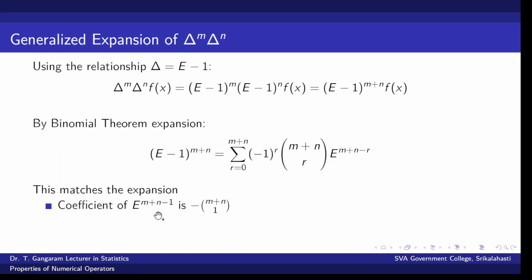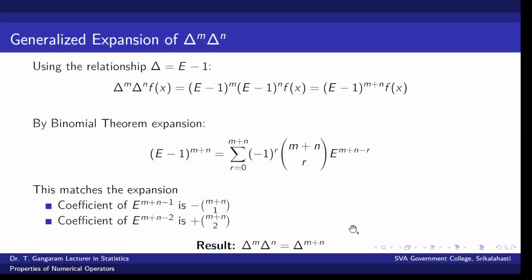E power m plus n has coefficient 1, the coefficient of E power m plus n minus 1 is minus of m plus n C 1, and the coefficient of E power m plus n minus 2 is m plus n C 2. Similarly, the coefficient of E power m plus n minus r is m plus n C r.